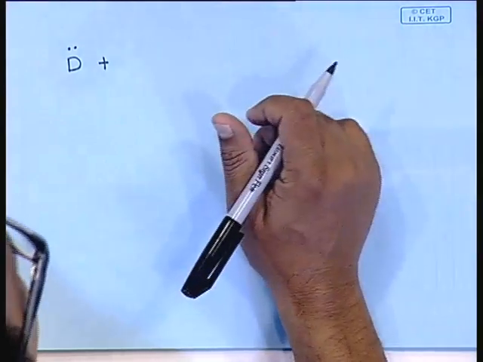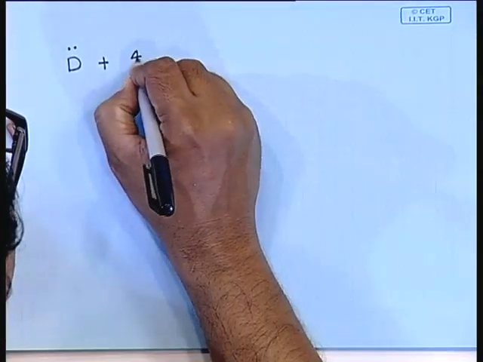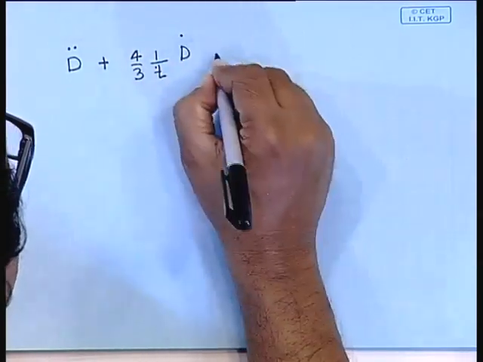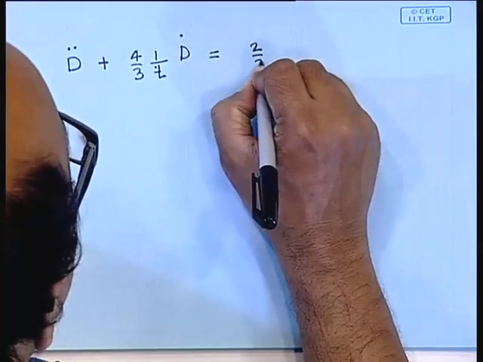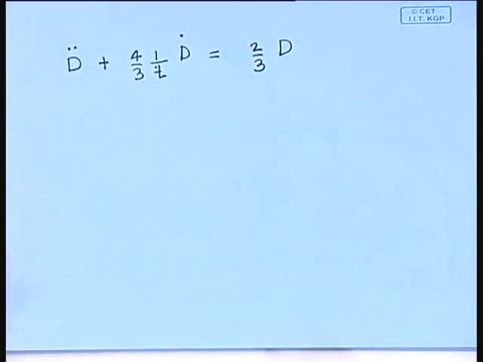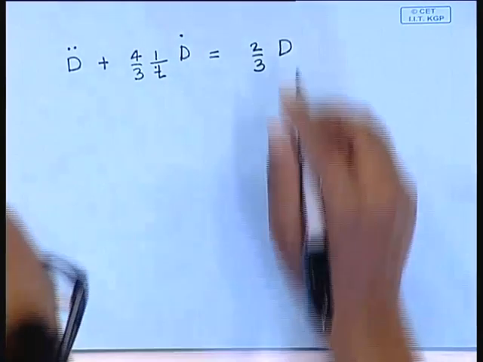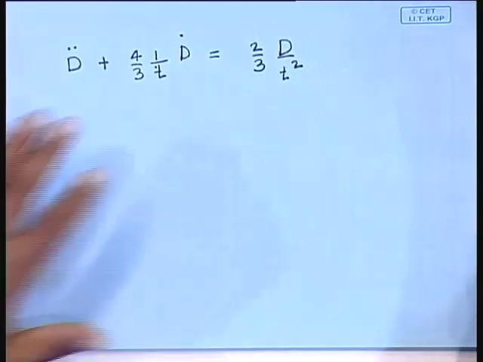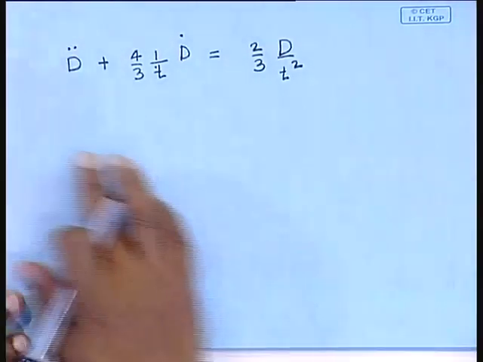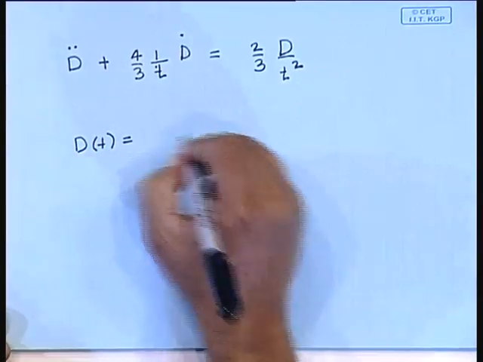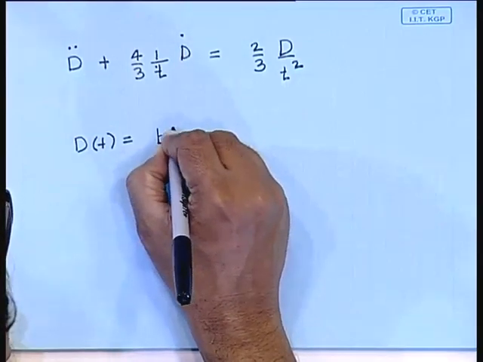A dot by A is 2/3t, so this becomes plus 4 by 3 times 1 by t times d dot is equal to 2 by 3 d, where d is a function of time, divided by t square. Fine, so that is the equation that we need to solve. Now, this is a homogeneous equation. So the solution we know is of the form some constant, let us say b, t to the power n.